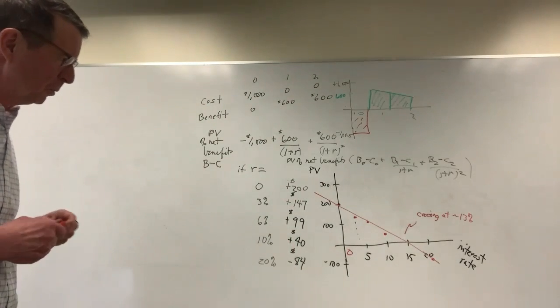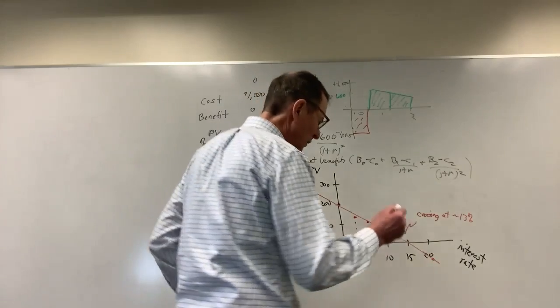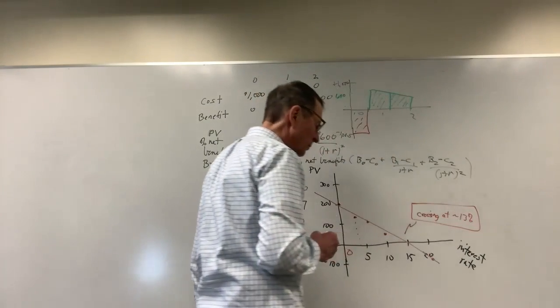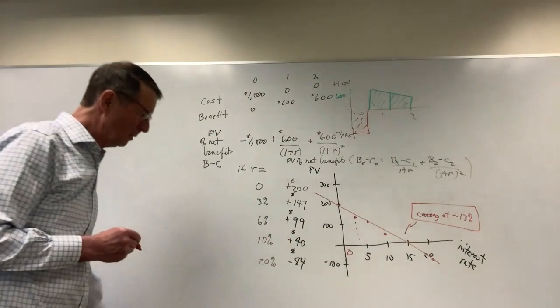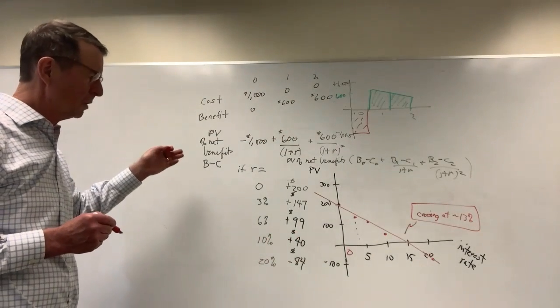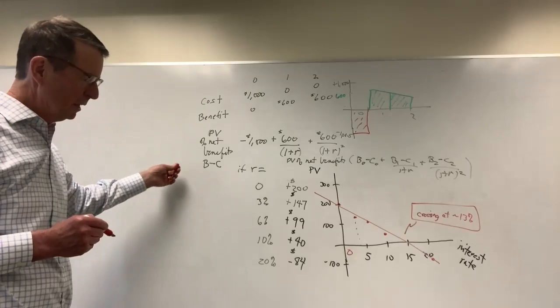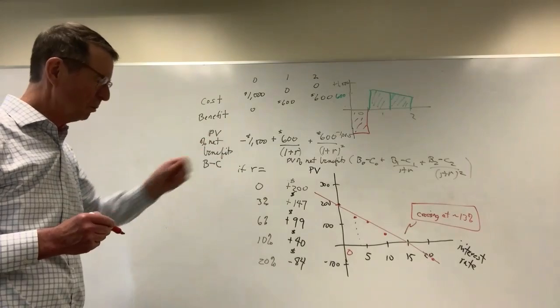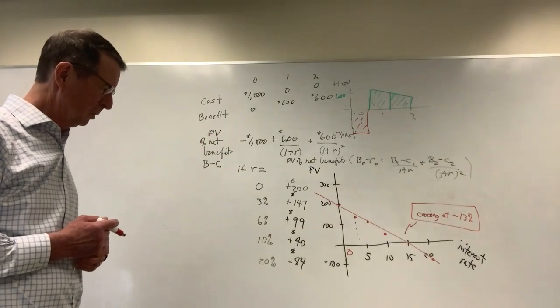So this crossing point is very useful for making decisions. Let's say it is 13%, then you just know as long as the interest rate is less than 13%, you've got a profitable investment, and if it's more than 13%, you don't.